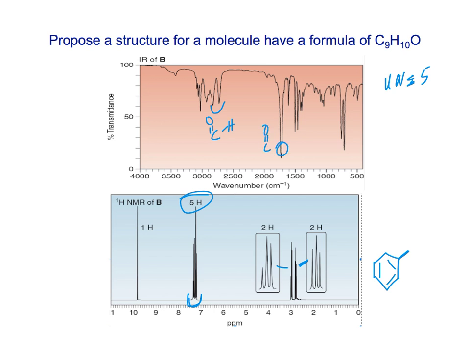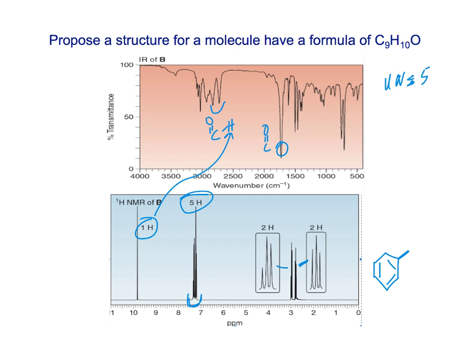What else tells us we have an aldehyde? Right, the proton NMR, right? This goes to that proton right there. They haven't expanded it, so we don't really know what kind of splitting it has, or if it has any.